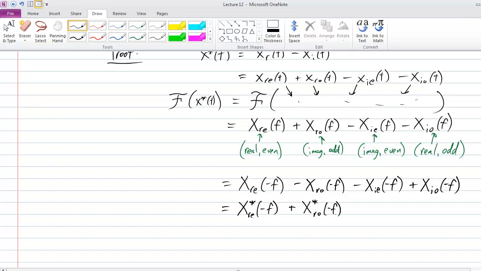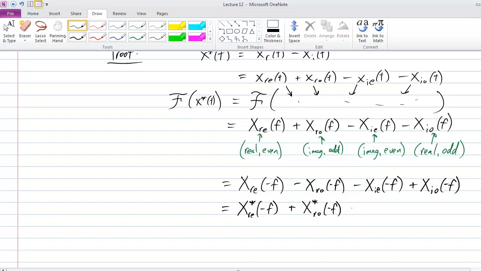This step, does this make sense? How did I get rid of the minus sign here? It's imaginary. So taking a conjugate of an imaginary signal is the same as negative that function. Okay, that's what a conjugate is for an imaginary function.